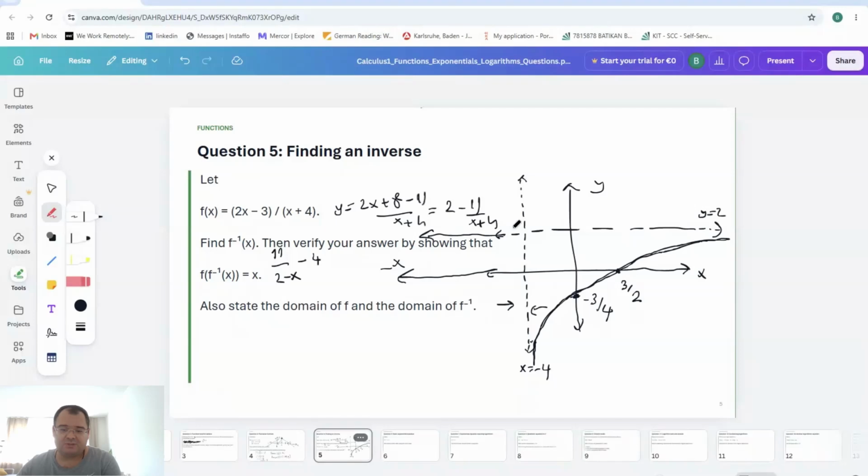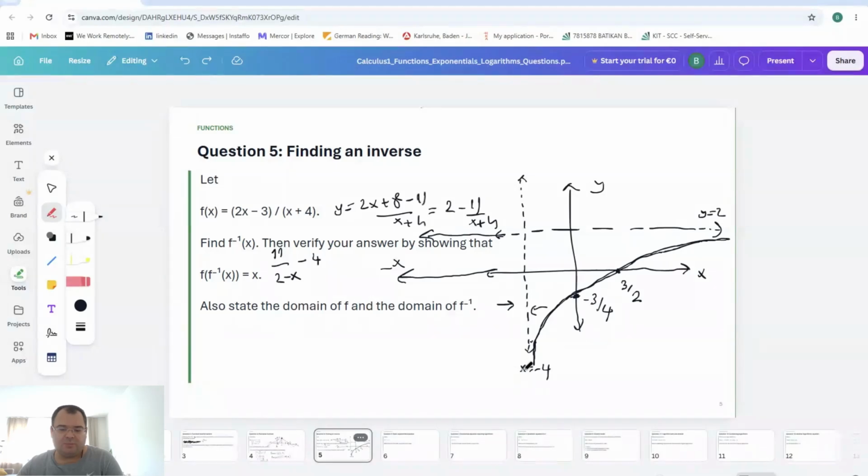So when you approach minus infinity, your function is going essentially to 2 in this direction, but it never touches y equals 2.